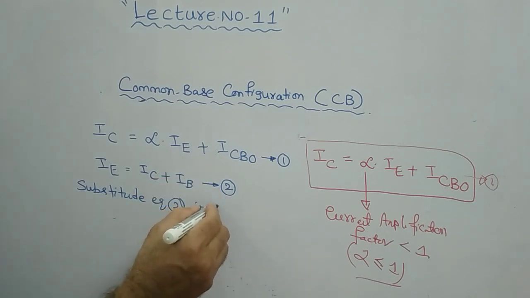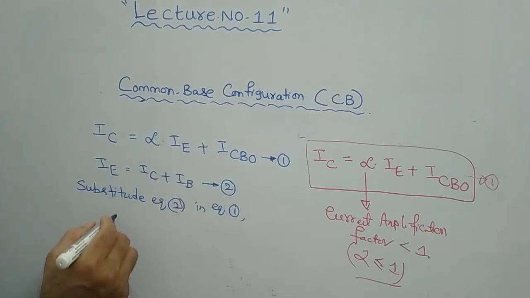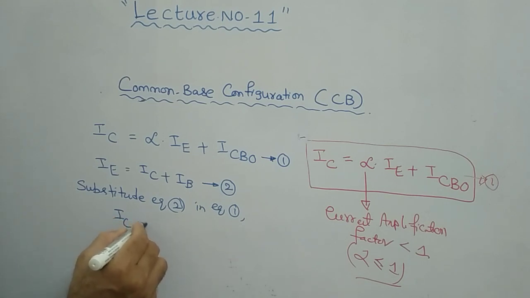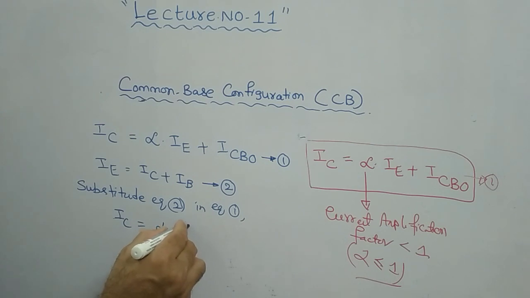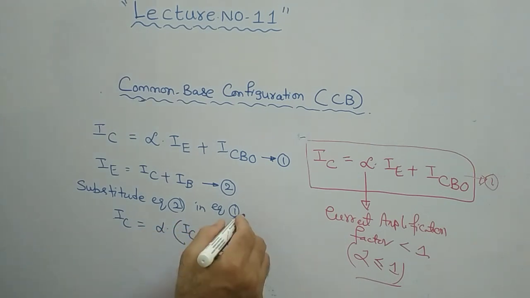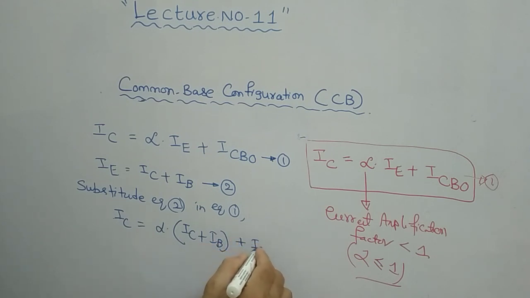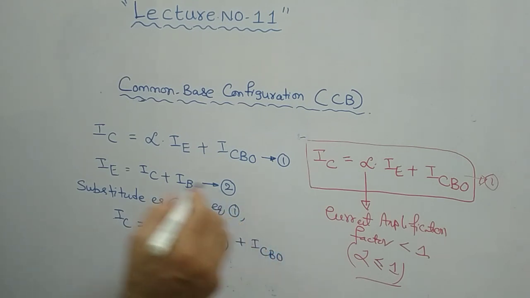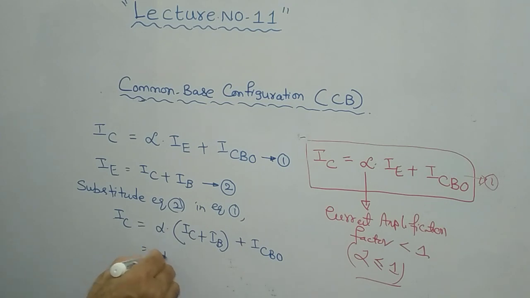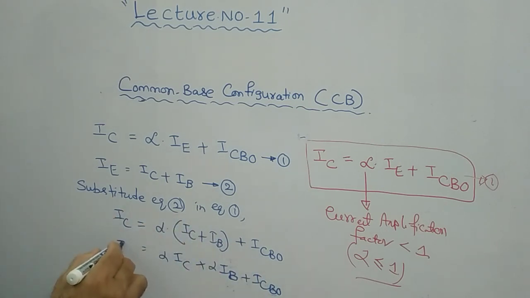What you will get: IC is equal to alpha times IE, and IE is IC plus IB, plus ICBO. This implies IC is equal to alpha times IC plus alpha times IB plus ICBO.